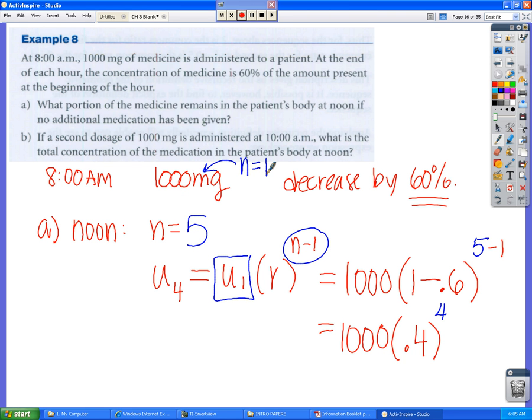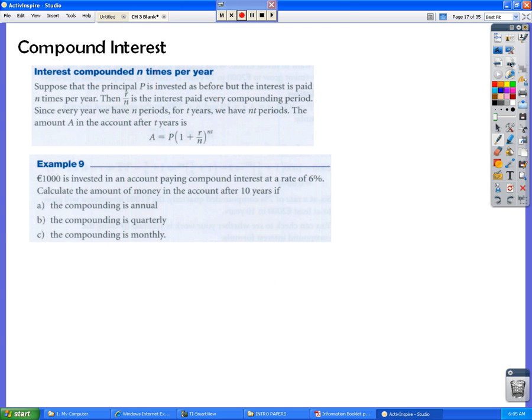All right, moving on. Compound interest. Compound interest, you want to make sure that you note what type of compounding is happening. So in this case, we'll do the example. You can see the formula here. So example 9, it's in euros because the book is European apparently.